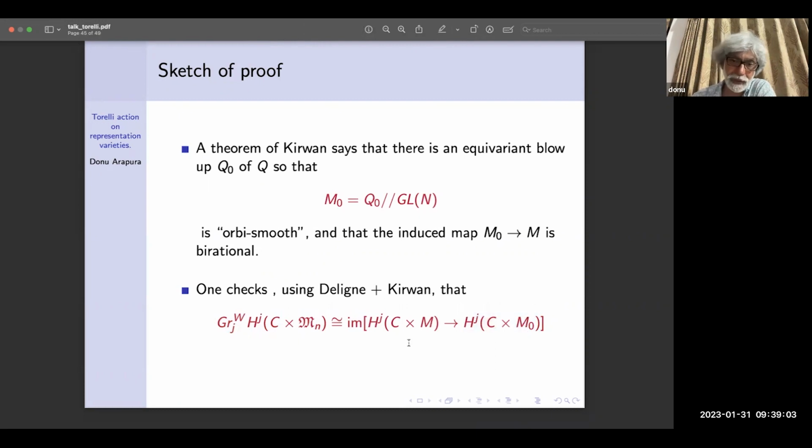One has to prove that it actually lies in the image of this map. Thereby, via this isomorphism, it lies in this top weight graded quotient of the mixed Hodge structure. I didn't write it, but that's the idea.